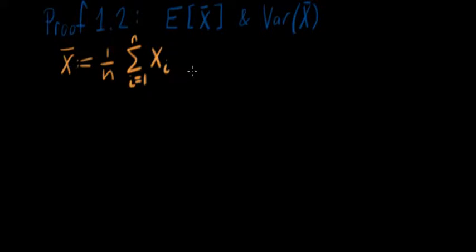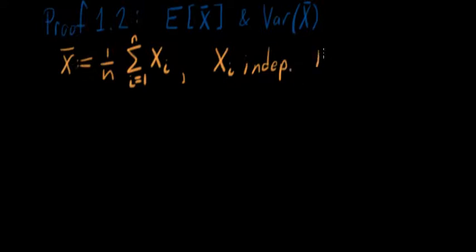And according to the prompt here, we have n IID random variables, so they're independent and identically distributed, or actually it doesn't even say that they're identically distributed, but it does say that they have the same mean and are independent.